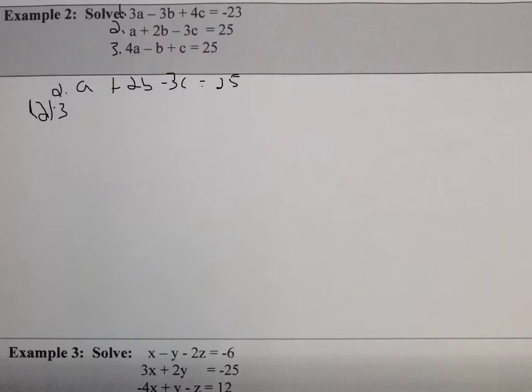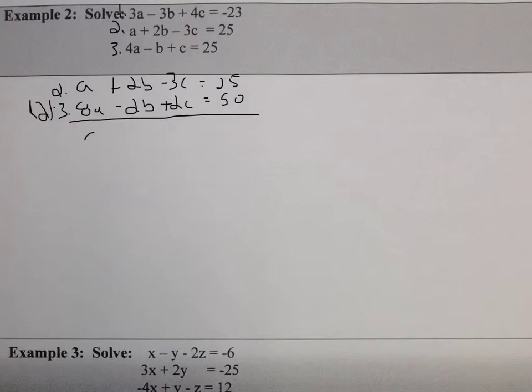All right, and I'm taking 2 times equation 3, so that's going to be 8a minus 2b plus 2c equals 50. I'm going to take those two and add them together and I'll eliminate my b.